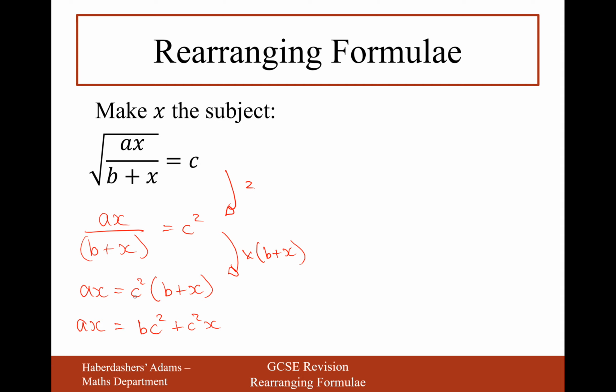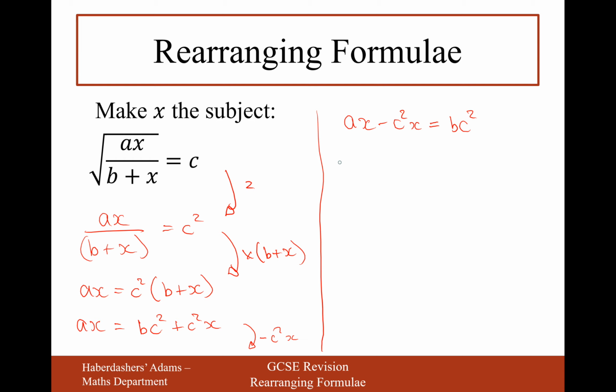It's only the c that's being squared. b is not going to be squared and x is not going to be squared. It's just c that's going to be squared here. We now need to move all of the x terms onto the same side, so I think the easiest thing to do there will be to subtract c squared x. So that's going to give us ax minus c squared x equals bc squared.